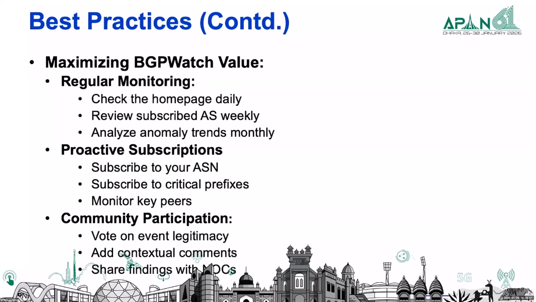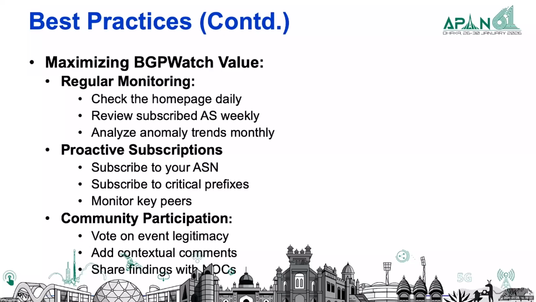If you visit the routing tree and the routing path section, you will find it very interesting. And for proactive subscription, you should subscribe to your ASN. We already shared that. Subscribe to the critical prefixes if you have, and monitor your key peers.